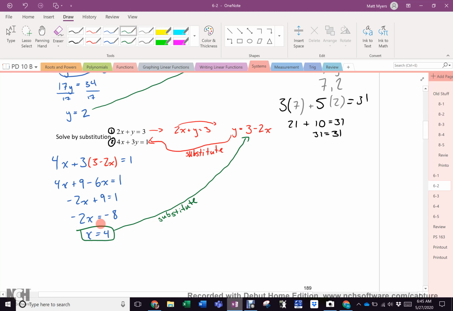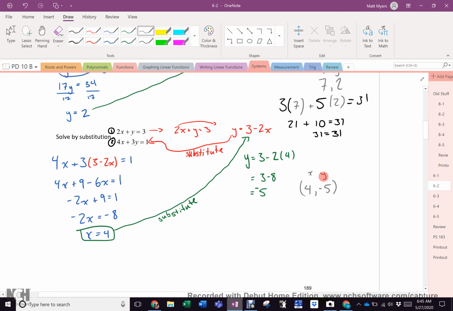Anyway, y equals 3 minus 2 times 4. So y equals 3 minus 8, so y equals negative 5. So now I have an answer of 4, negative 5.